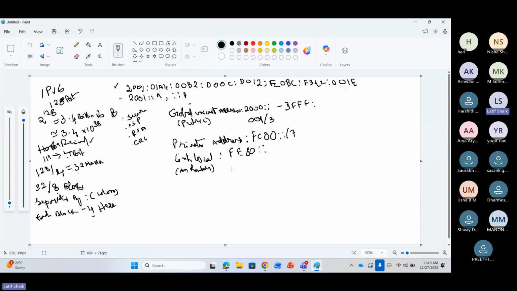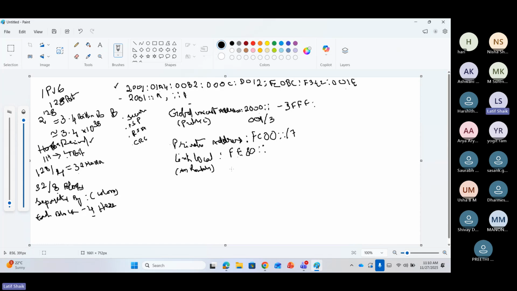You can check your laptop also. If IPv6 is enabled, you can see this link local IP address showing FE80 colon colon and some numbers. With that IP address, you can communicate between systems if both systems are in the same physical network, the same segmented network.